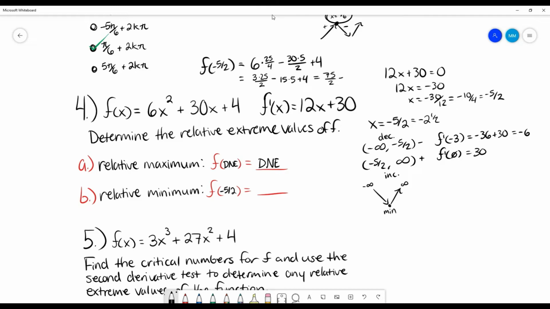Minus, let's see, 50 plus 25 is 75 plus 4. Okay, so that's going to be 75 divided by 2, 37.5. Okay, minus 75, that's going to be negative 37.5. Plus 4, it's going to be negative 33.5, I think.